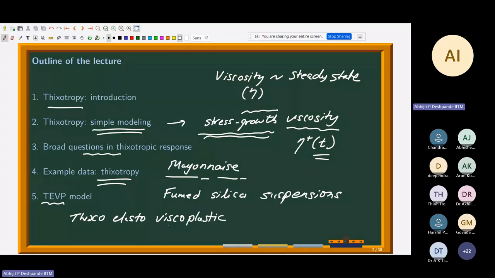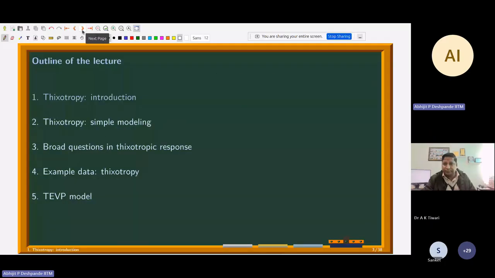So you can see that thixotropic materials may not be just thixotropic alone, but they may have features of viscoelasticity, they may have features of plasticity. So while describing thixotropy, we will see the introductory aspects of thixotropy.